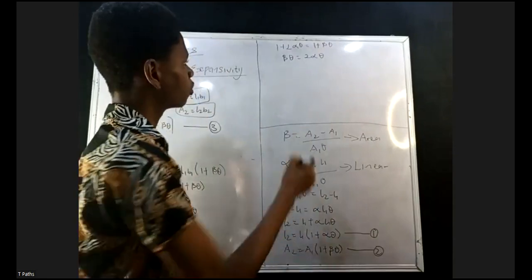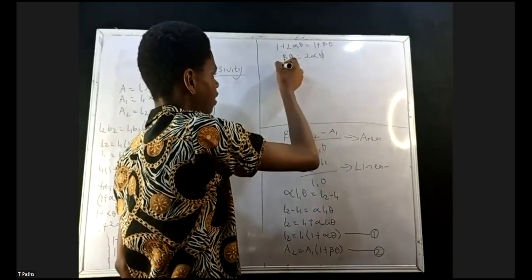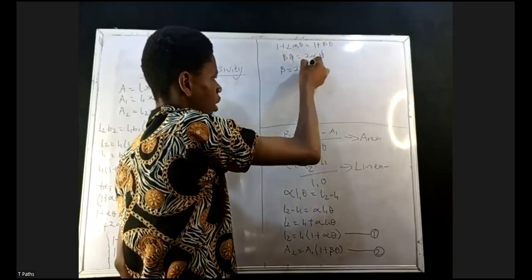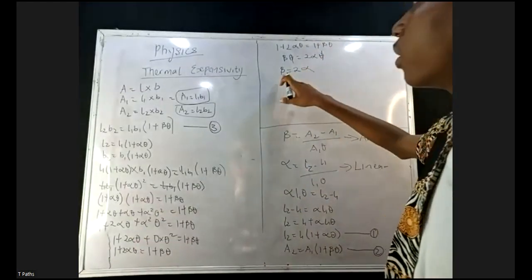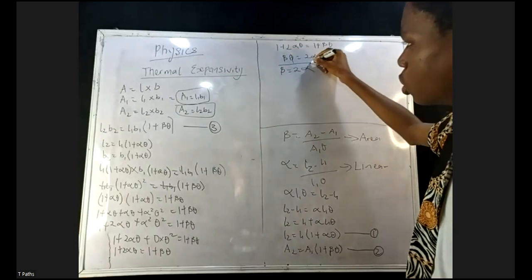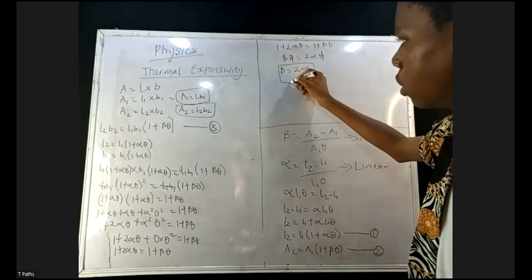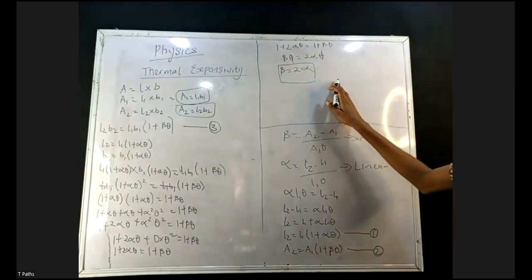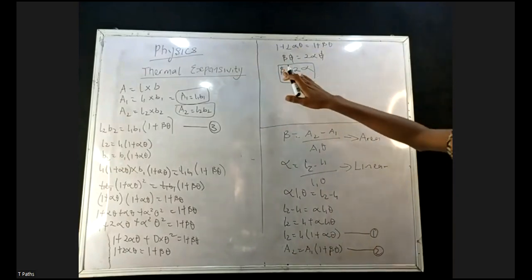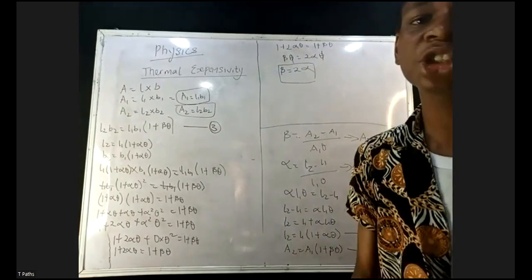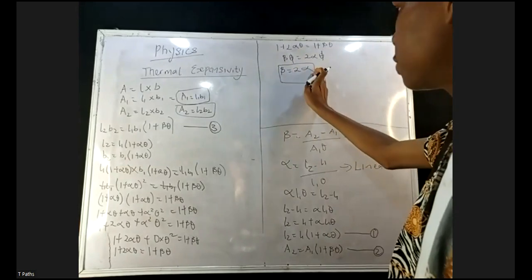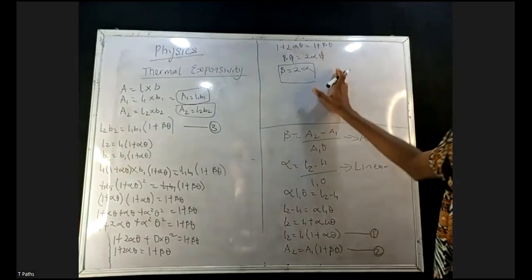So theta is common, right? So theta can cancel out theta, and then I have beta is equal to 2 alpha. So now the relationship between linear expansivity and area expansivity is this. This is what we've been trying to do. So this is a proof that beta is equal to 2 alpha. So now the relationship between area expansivity and linear expansivity is beta is equal to 2 alpha.